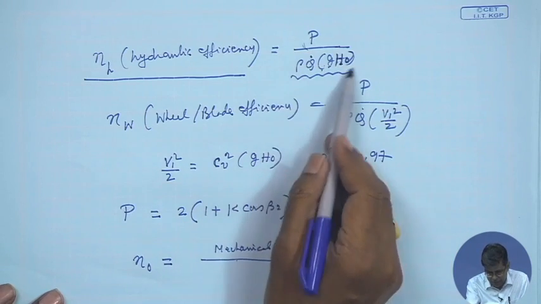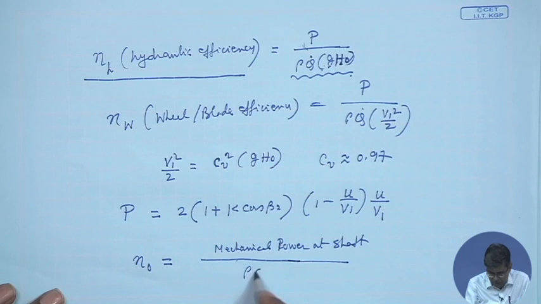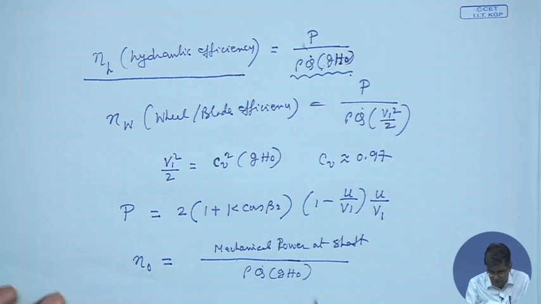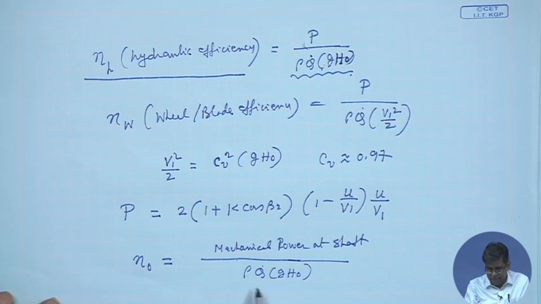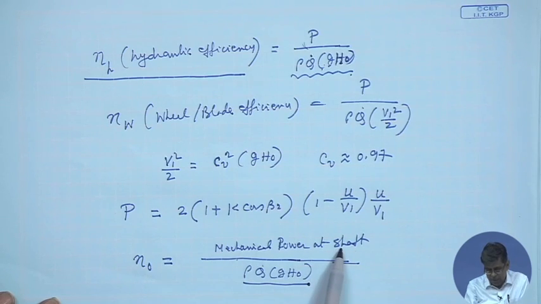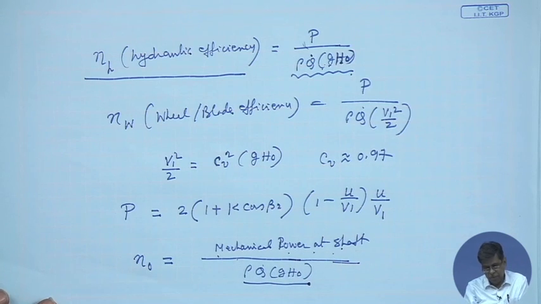If you define based on this, then this will be the gross overall efficiency. That is the gross input to the machine at the inlet to the nozzle, and this is the final output from the machine, that is the mechanical power at shaft.